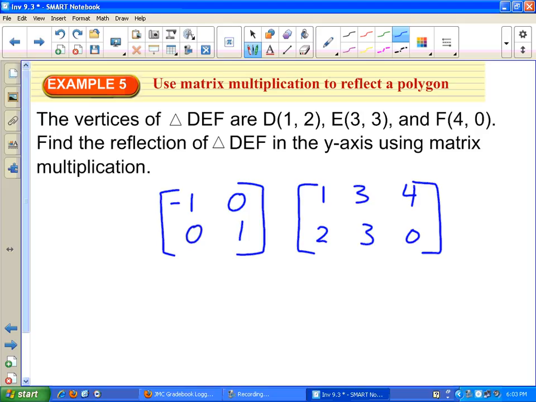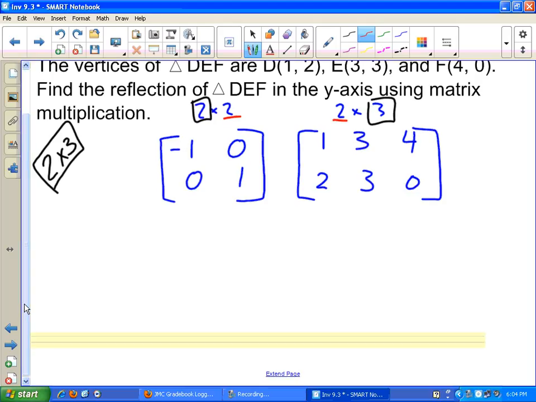And just a quick reminder, let's check: 2 by 2, 2 by 3. They match up, and our ending matrix is going to be a 2 by 3. So here we go, doing all the long step multiplication.